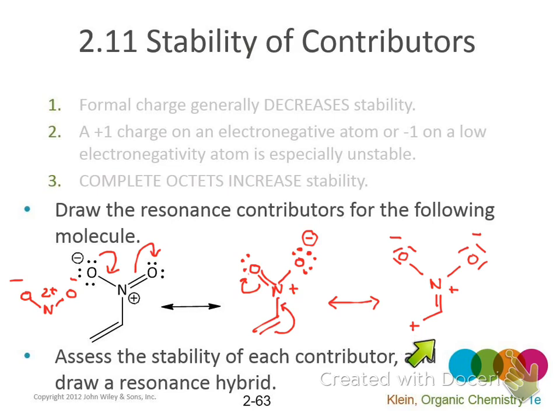So, but then the question is why? Too many formal charges, and now, what about this atom that's down here? Violates the octet rule, right? So a lot of things going haywire with this, but violates the octet rule. So I'll say no octet.